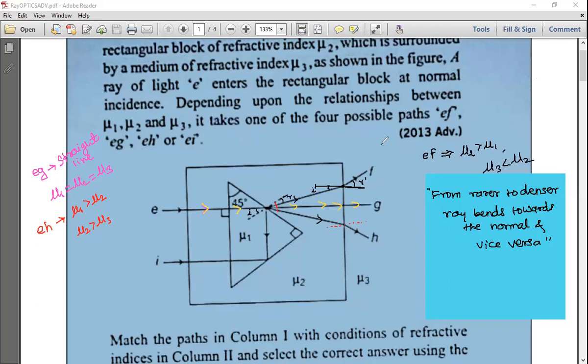Okay, right. And next one, for the EI path. EH finished, EG finished, EF finished.